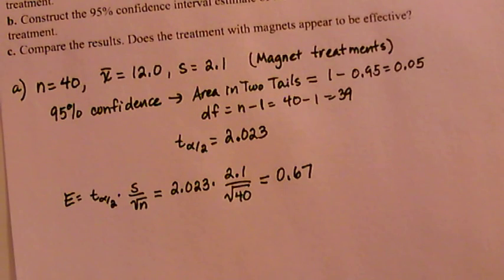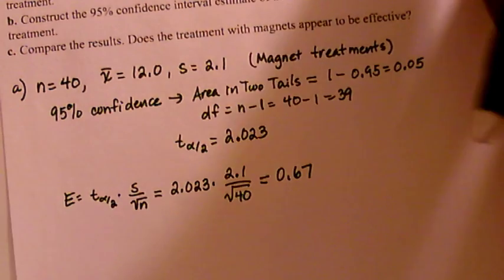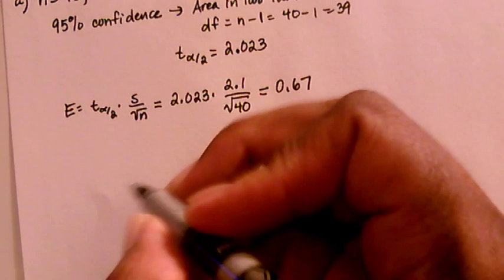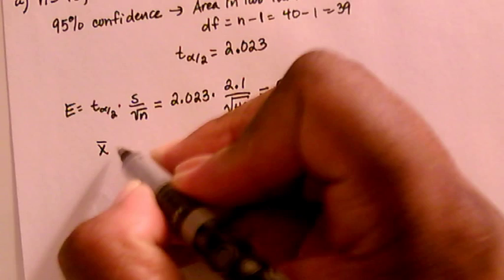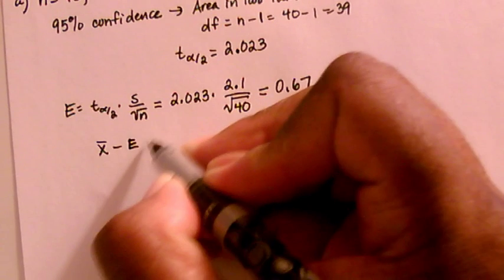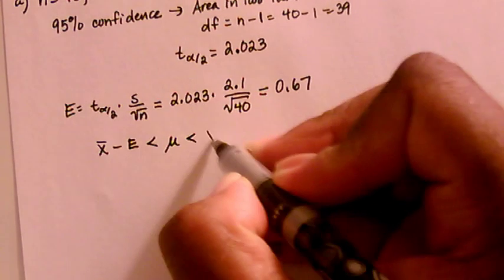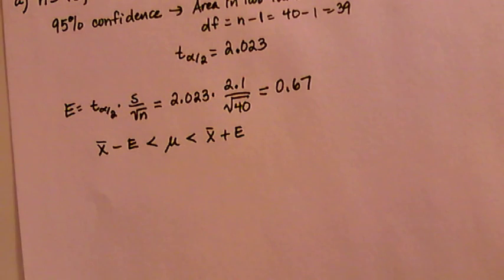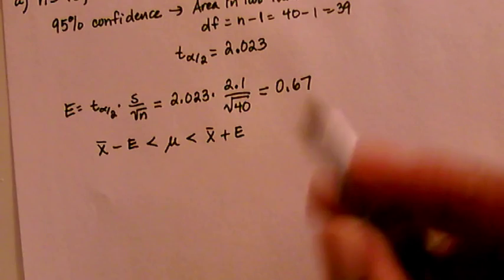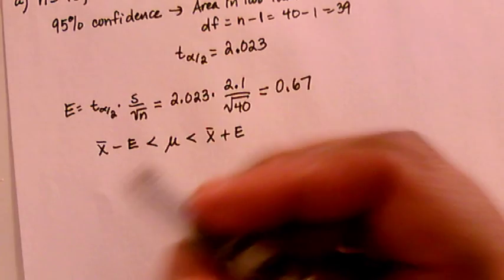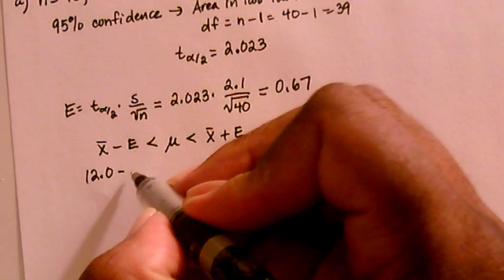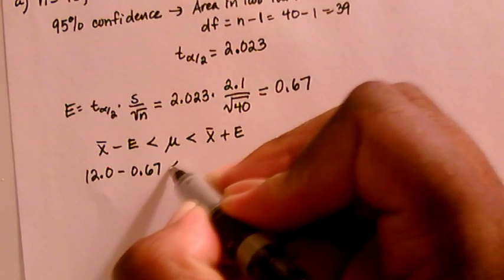So with our margin of error given and our mean given, we can go ahead and do the confidence interval estimate. So here, this will be x bar minus e, that's less than mu and less than x bar plus e. Now in this case here, your x bar was 12.0, that was given to us in the original problem, minus e, we found that out to be 0.67.